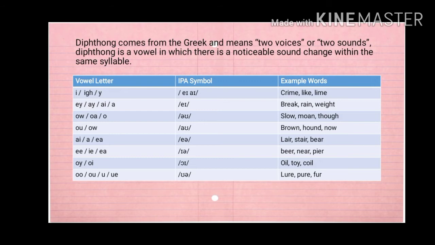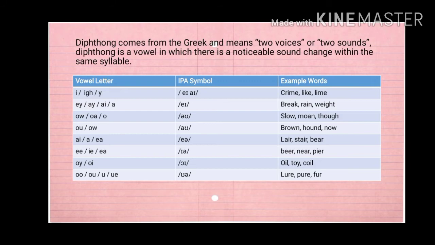And the third is O. This diphthong creates sounds similar to boat and most often occurs with letter combinations that include O, and O. Example, slow, moan, though.